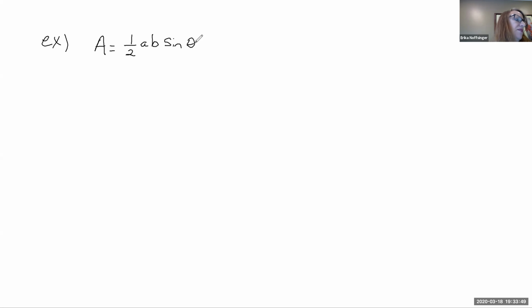So how is the rate of change of our area with respect to time related to d theta/dt if a and b are constants?